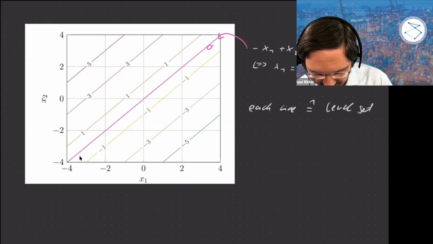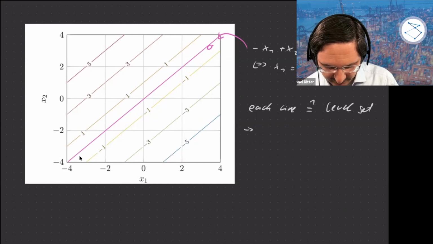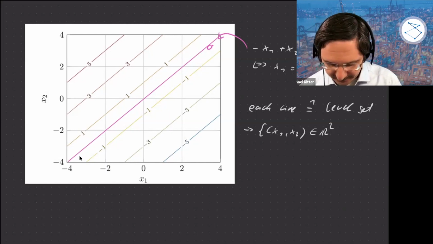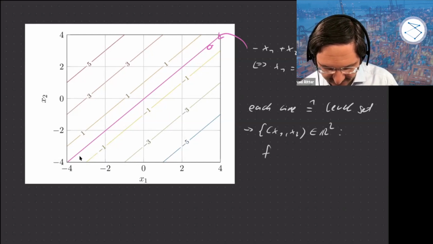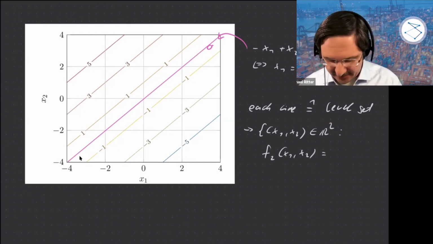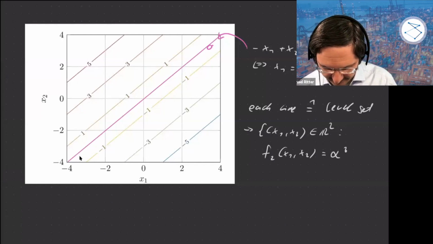Level set, and that means all combinations of x1 and x2 in the coordinate plane where the function value, in this case of x2, is equal to a constant value. Let's call it alpha.